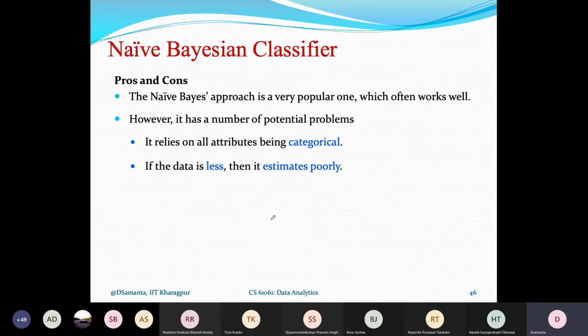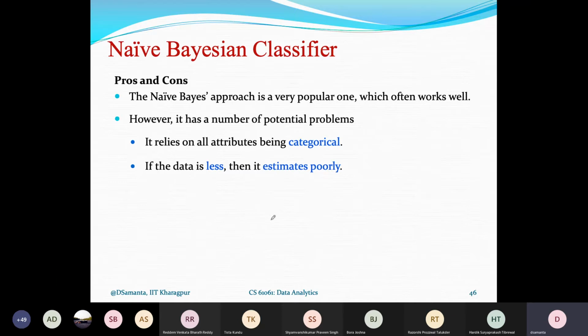So this is a problem with the Bayesian classifier, because in many real life applications, the training data is defined with non-categorical, say numerical or other nominal attributes, then what to do? We'll seek an idea about how to apply the Bayesian classifier if the data is not categorical. Anyway, this is a problem, of course.